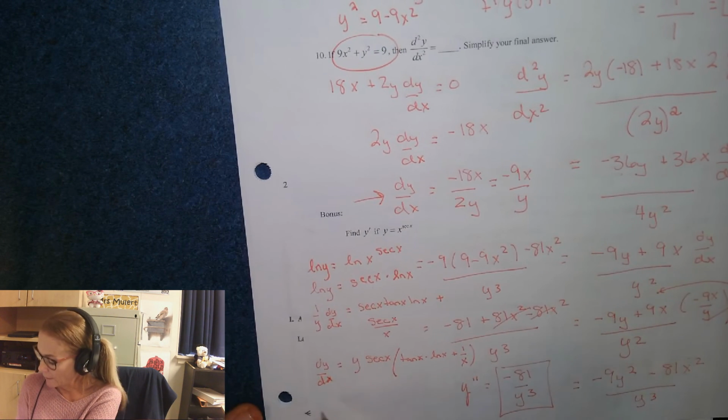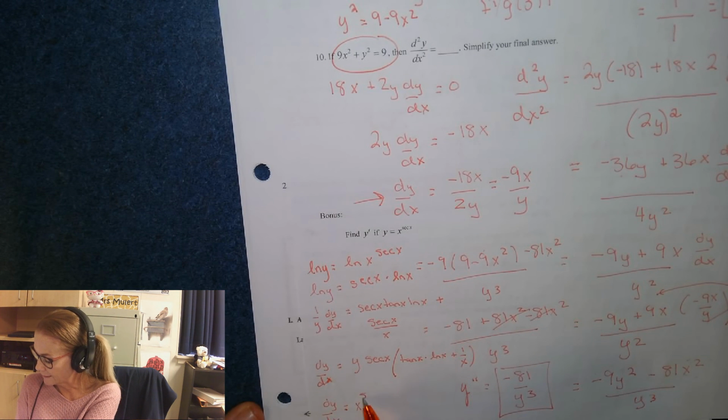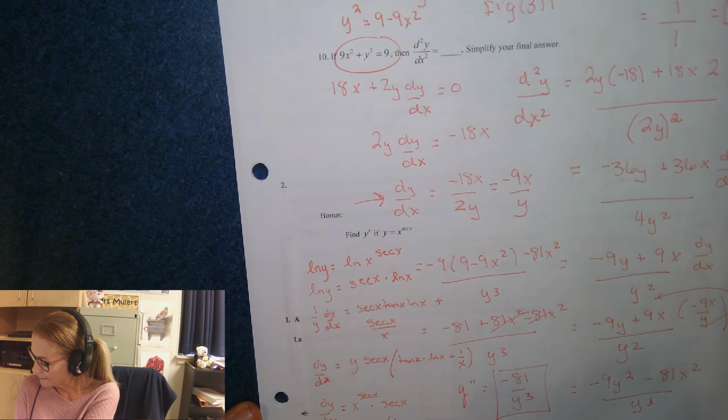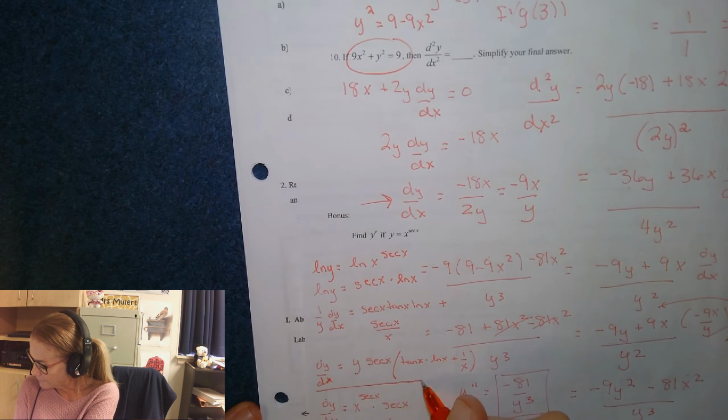And then we replace the y with the original problem. And that's just x to the secant x times the secant x factored out. And then in that parentheses, I'm just going to write it down here for room, tan of x times ln of x plus 1 over x. All right, so there is the bonus problem.